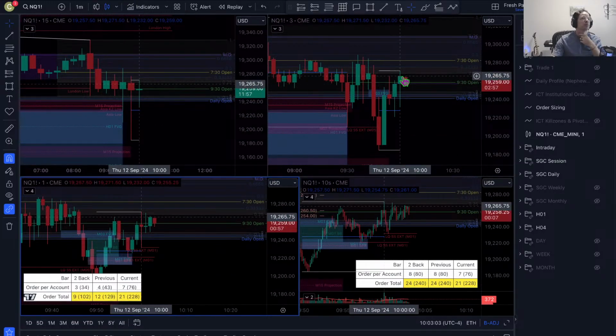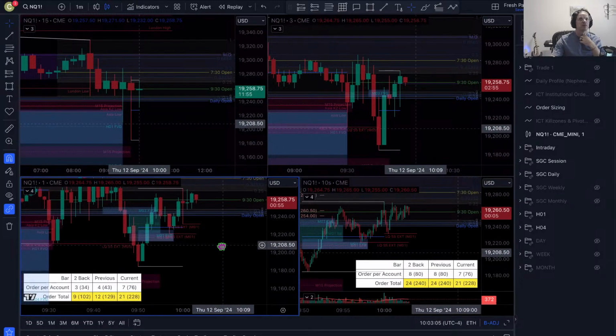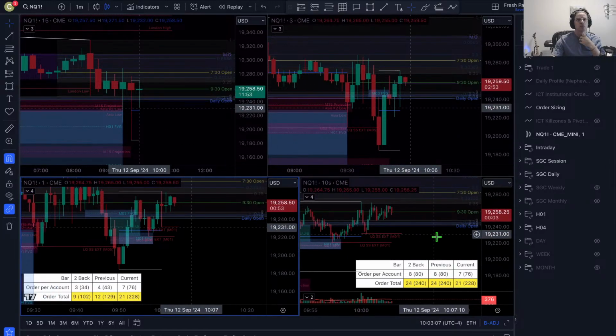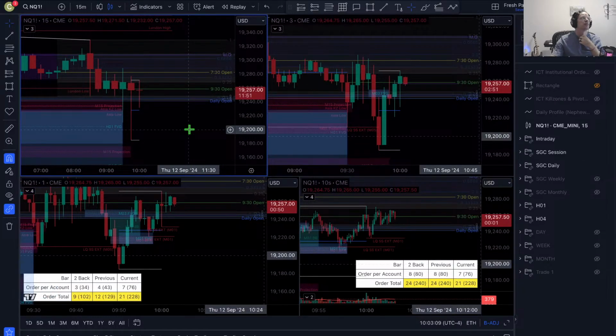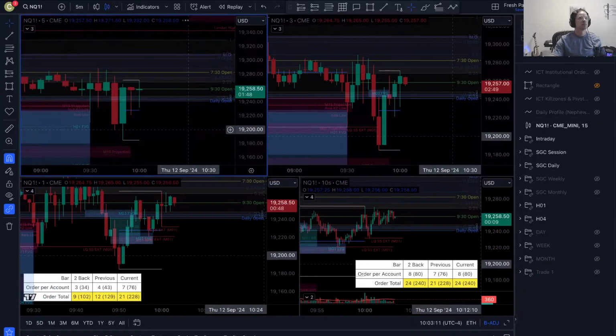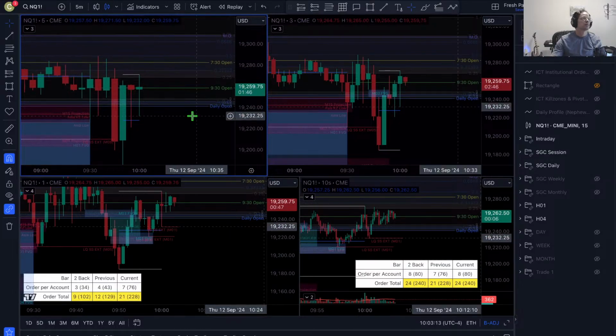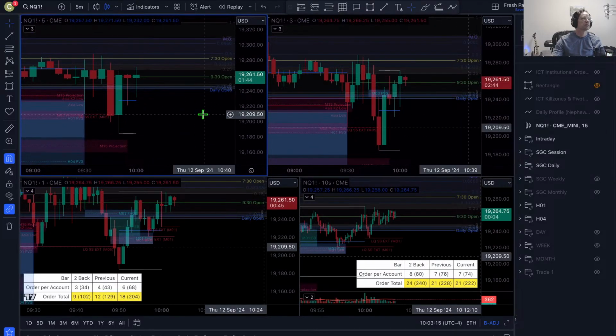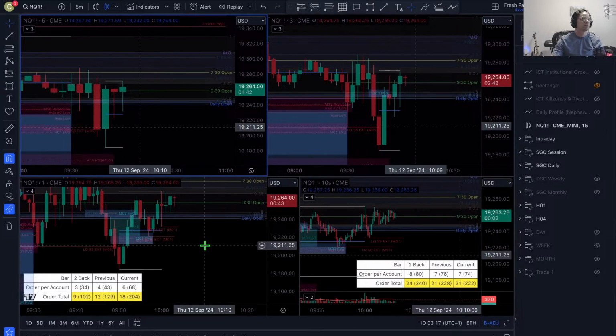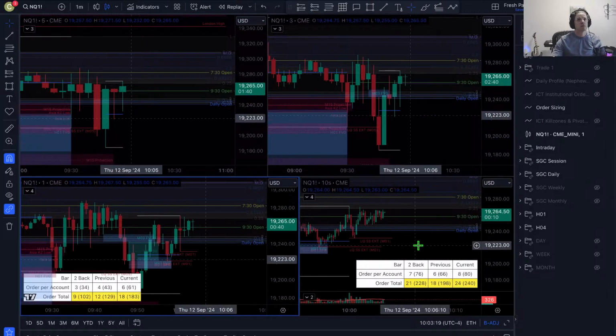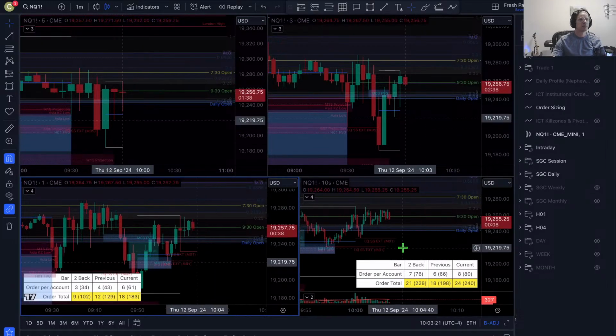There's a 3-minute close above 930. It's a pretty bullish sign. Got this volume imbalance here that it's grabbing too. And this thing is priming.